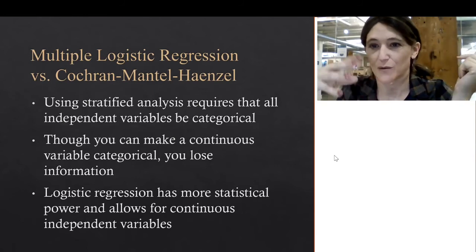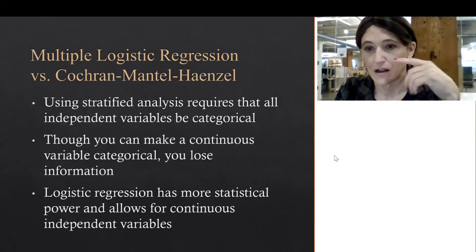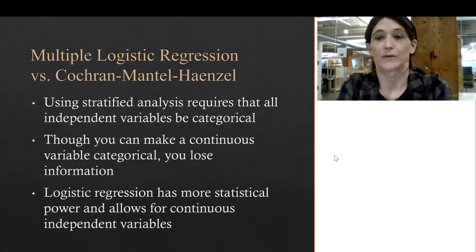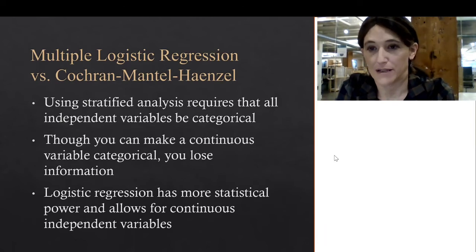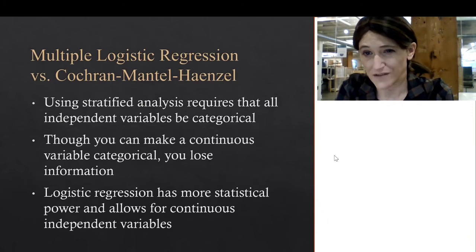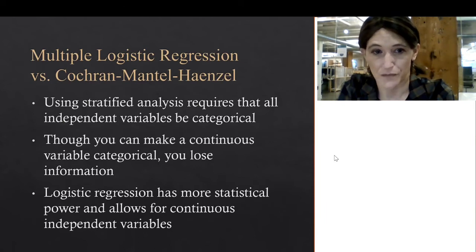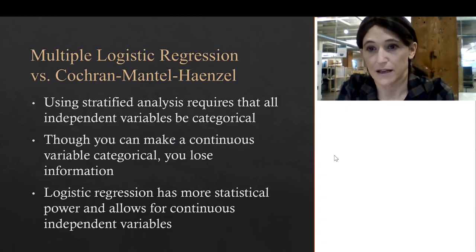And so as soon as we wanted to introduce any kind of continuous variable, we would have to move over to logistic regression. So I do recommend, however, if your outcome is dichotomous, to get as far as you can using stratified analysis to first understand what's going on and then move over to logistic regression. And you do lose information if you use purely categorical data, and you also lose power when you make something categorical.